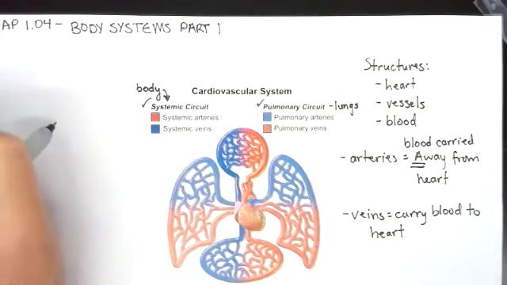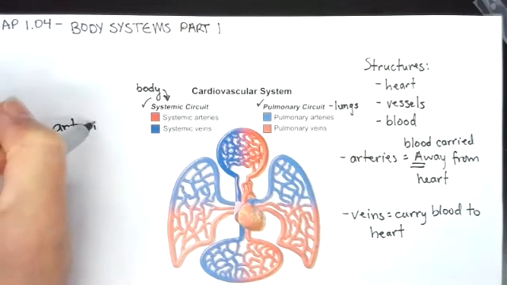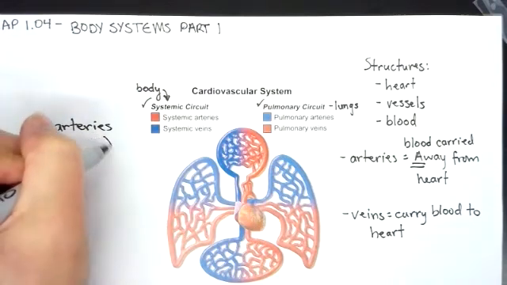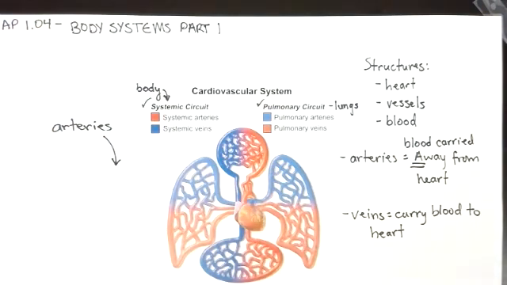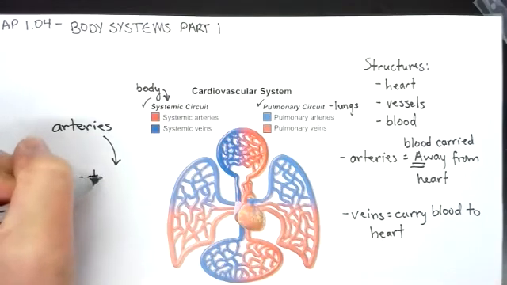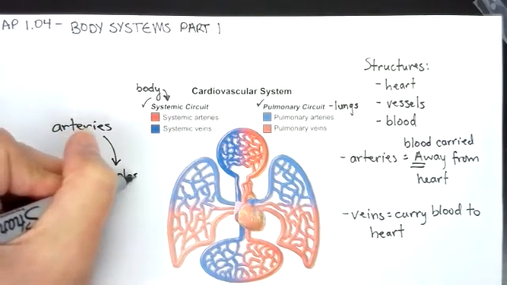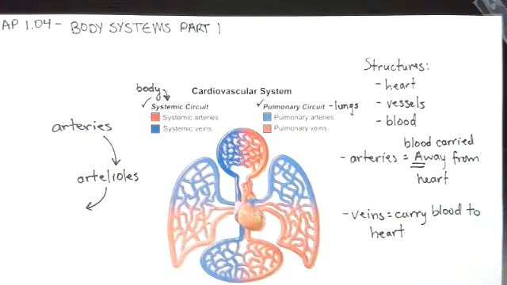So we have that same type of system. If we start with arteries that carry blood away from the heart, we have several arteries that branch out, and they go into smaller vessels called arterioles. I've heard it pronounced both ways. The arterioles go down to something smaller called capillaries.